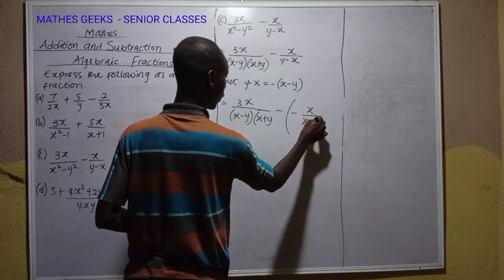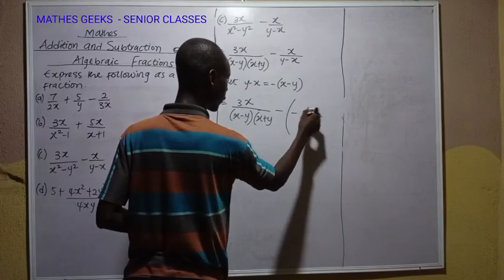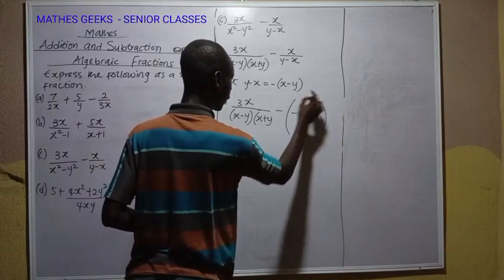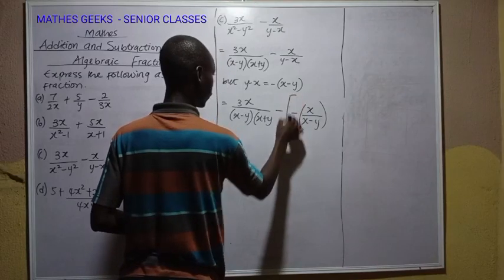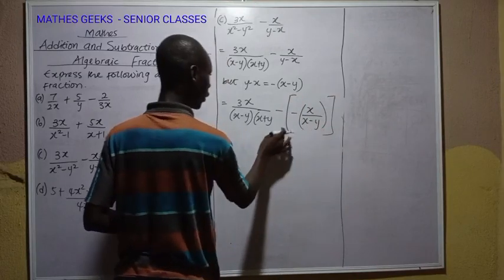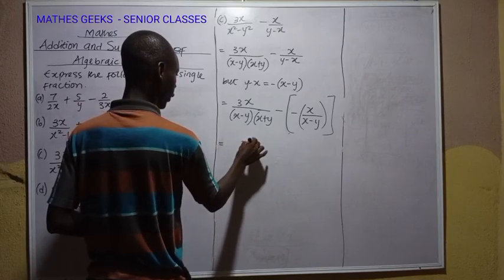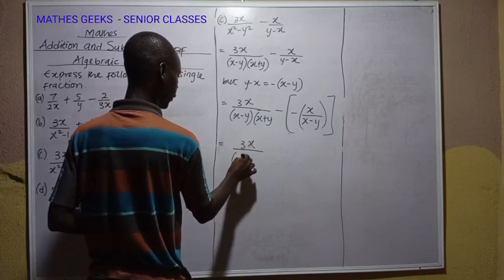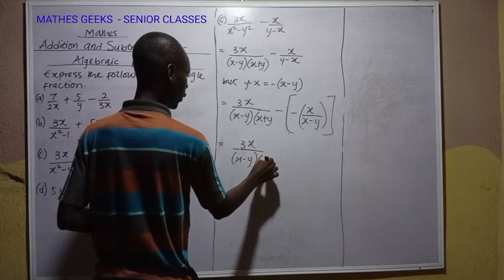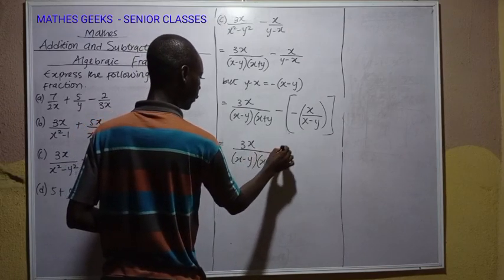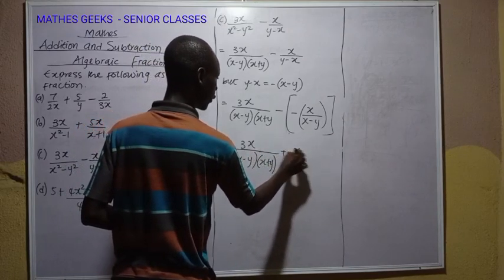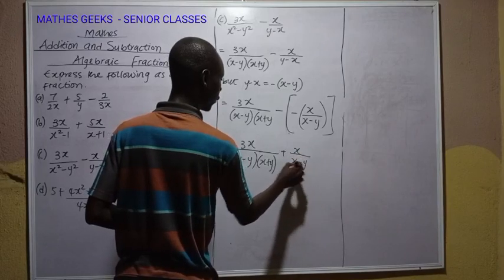x over minus x minus y. So minus times minus will give us plus, which is equal to 2x over x minus y and x plus y plus x over x minus y.